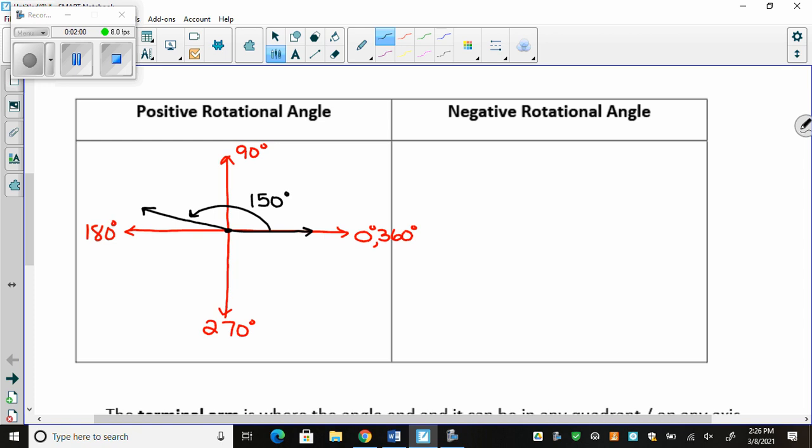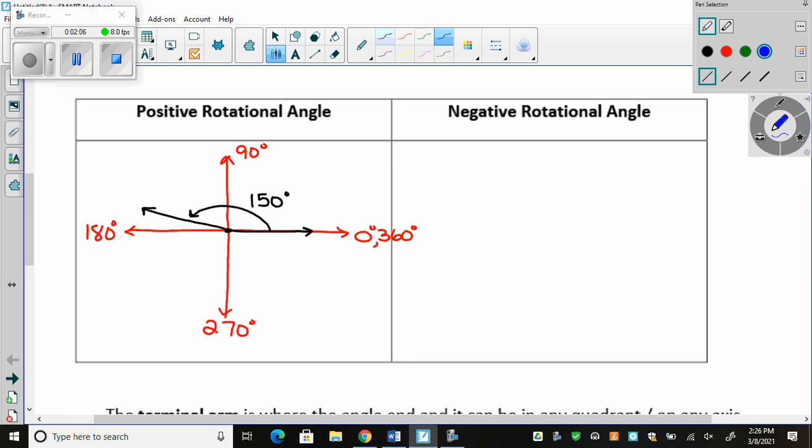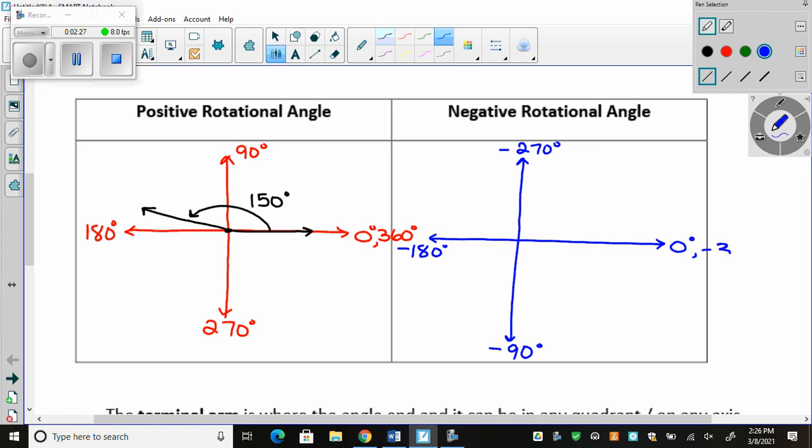So we can do a negative rotational angle as well. When we do negative rotational, we still start at 0 degrees, but we work clockwise. So this is 0, and this would be negative 90 degrees, negative 180 degrees, negative 270 degrees, negative 360.